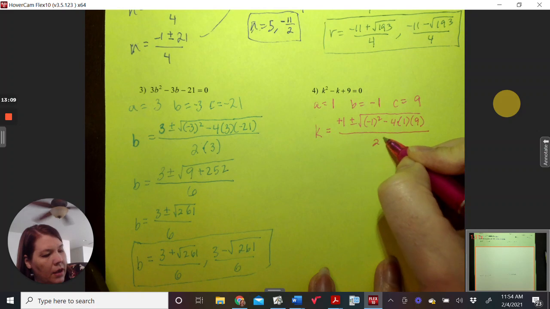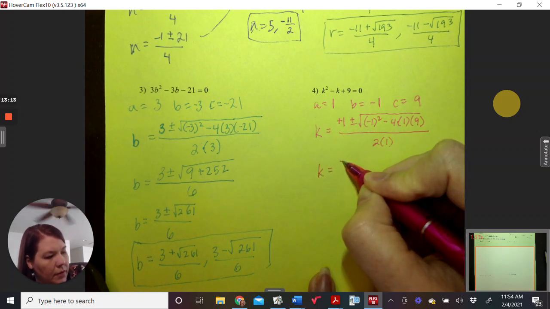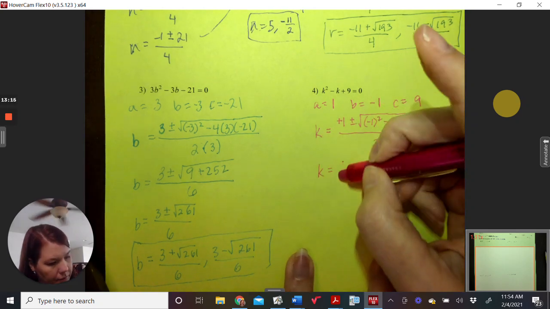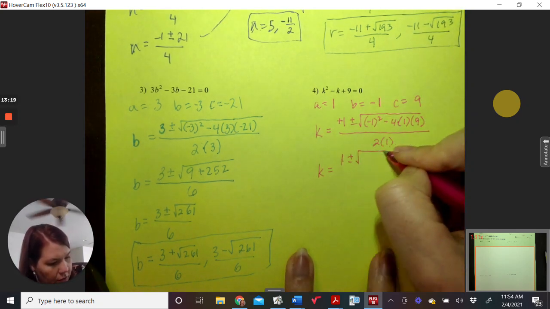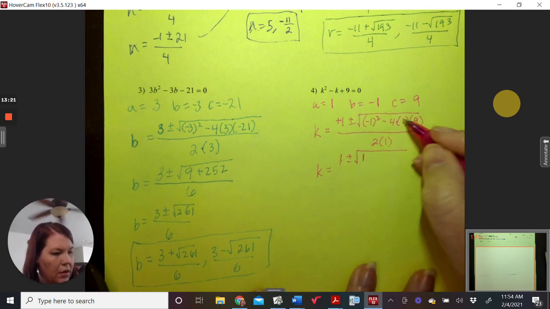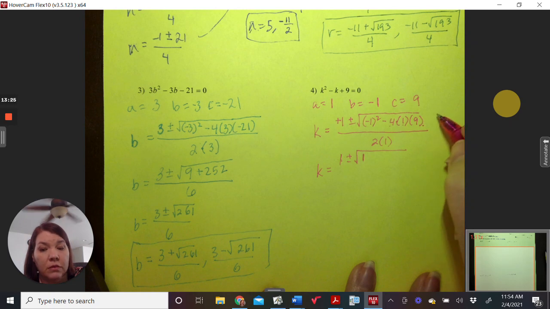So K equals 1 plus or minus the square root of 1 squared is 1. Then 4 times 1 times 9.